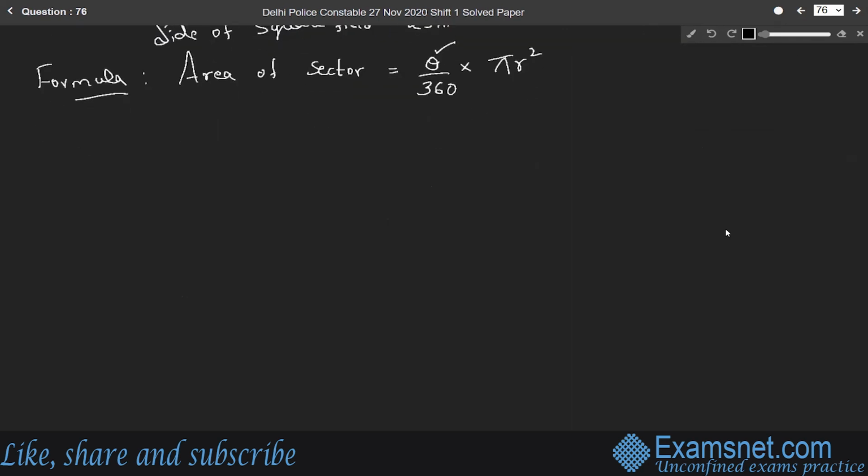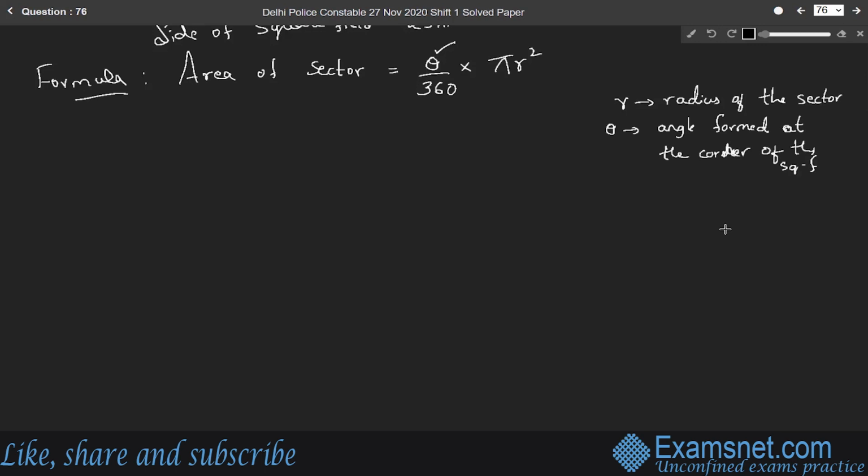Therefore, theta is 90 degrees and r is the radius of the sector. So come to the calculation.